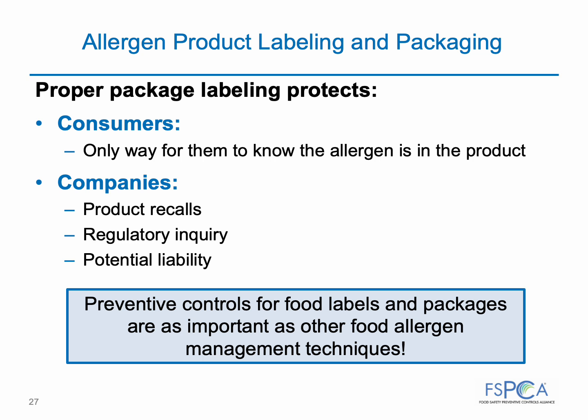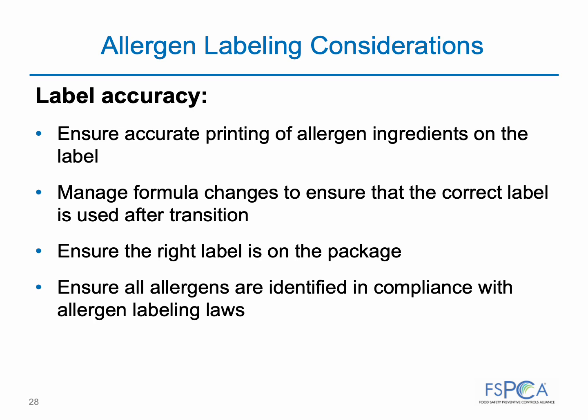Not only are these errors an issue for consumer health, but they can also result in brand damage, regulatory action, manufacturing disruption, and potential liability when illness occurs. Procedures that ensure accurate allergen labeling are required in the food safety plan when a food product contains a food allergen.